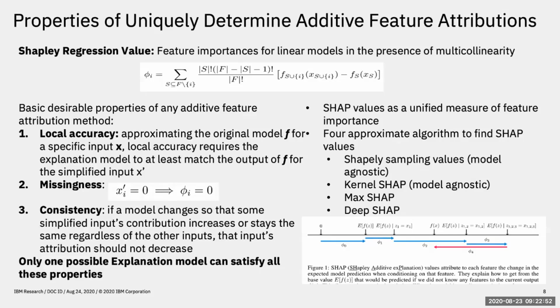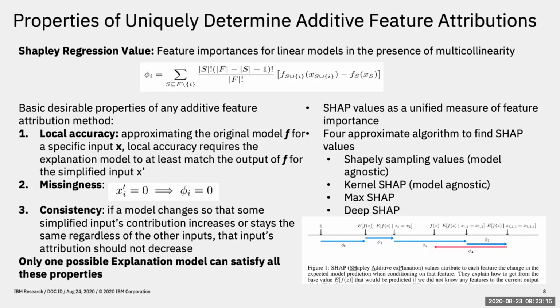Based on these three properties, they provided a theoretical solution using game theory to guarantee that a unique local linear explanation model is always available when all of these three properties are satisfied.